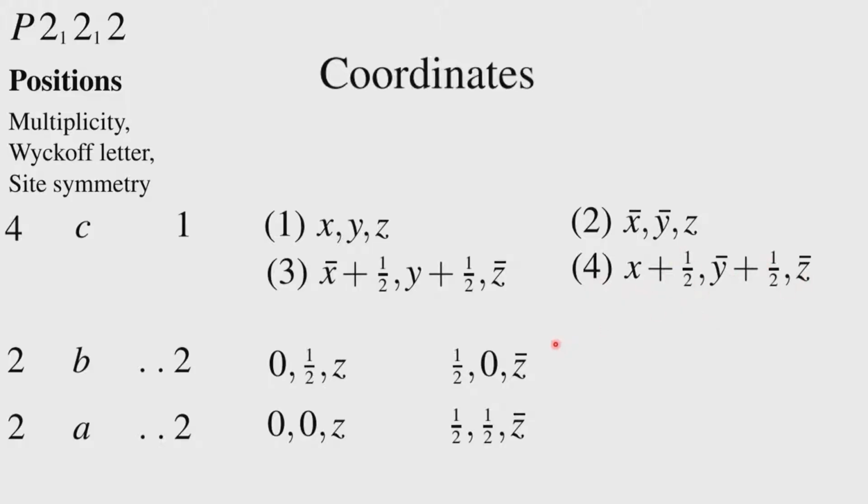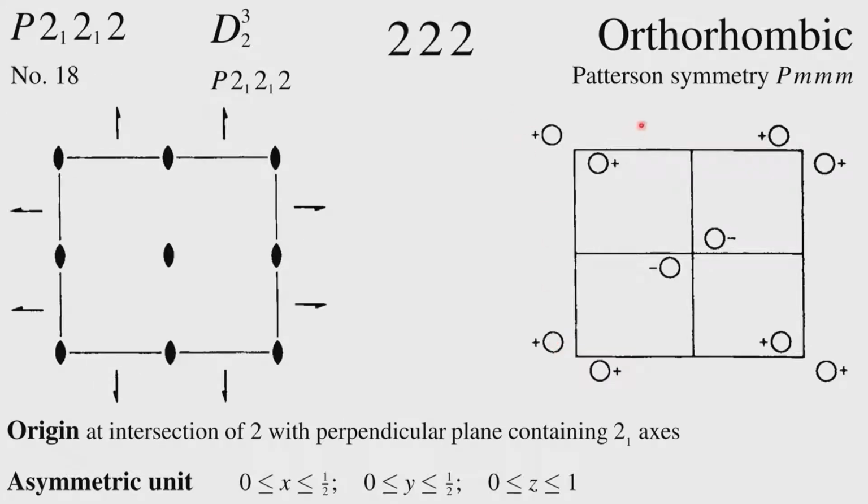So, the molecules, or the atoms, or whatever the objects, arrange in this particular fashion, generating those 4 equivalent points. So, there are 4 equivalent points for P21212. P21212 is a very rare space group, but it occurs in many biological molecules.